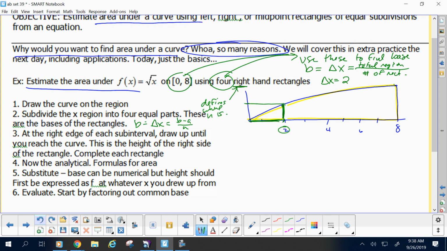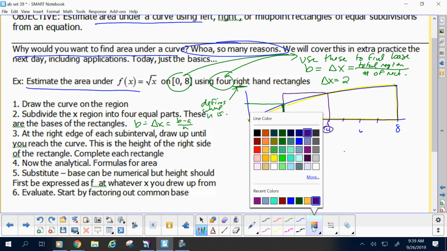All right. So in the second subinterval, from 2 to 4, I use the right-hand side. I find that side, go up to the curve, and that's going to be my rectangle height from 2 to 4. So as far as where I draw the rectangle, I draw it over, and that's my second rectangle. All right.